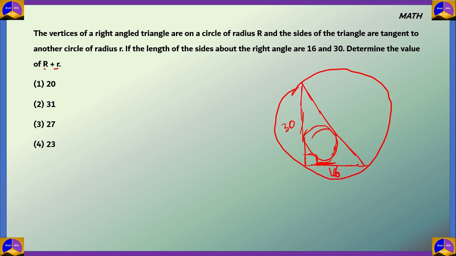Now, with Pythagoras theorem, we can find this side. Let's name the triangle ABC. And so AC squared is equal to AB squared plus BC squared.